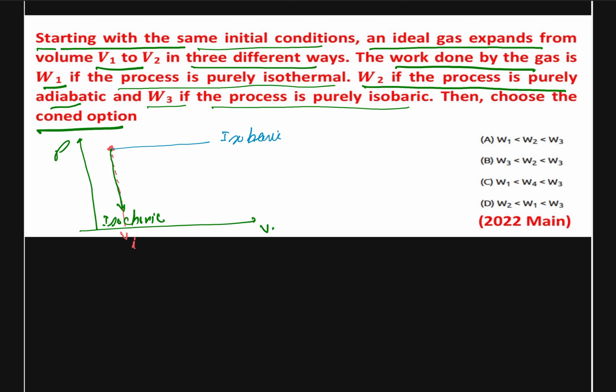And the graph of isothermal and adiabatic is almost similar. There will be a minor difference in terms of the slope. And so therefore we can say that this one will be isothermal, which is on the lower side, and this is our adiabatic.